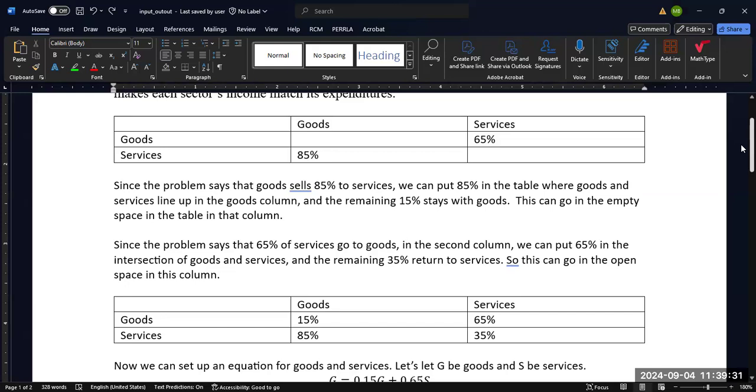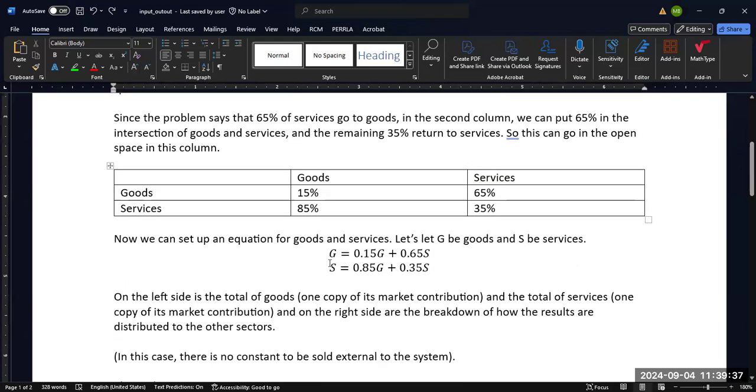We can now represent this table as an equation. So on the one side of the equation, we have goods and services, and they cycle through each other by 15% coming back to goods and 65% coming from services. And then same thing, we have services gets 85% from goods and 35% from services.